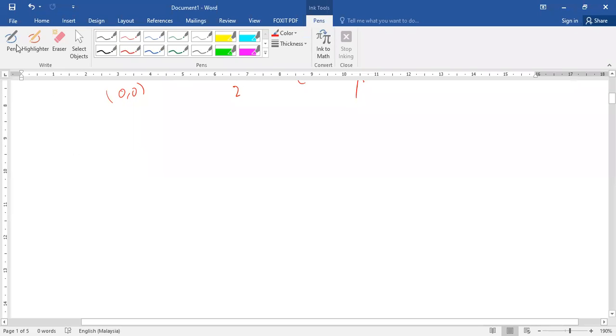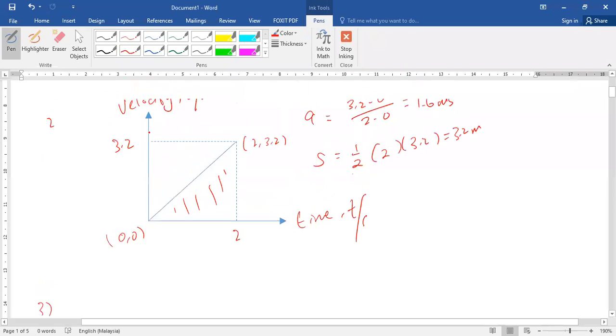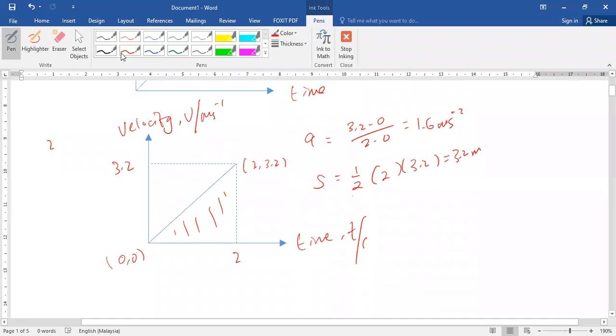Okay, just now, given question number 3, they said to sketch a velocity-time graph again. Okay, a velocity-time graph. Let me copy.